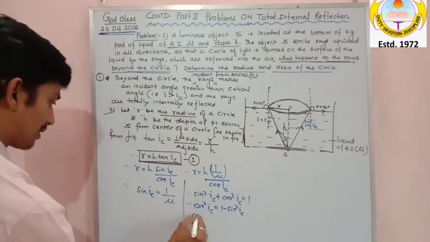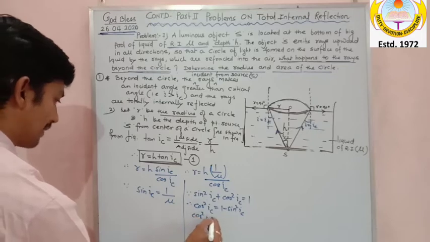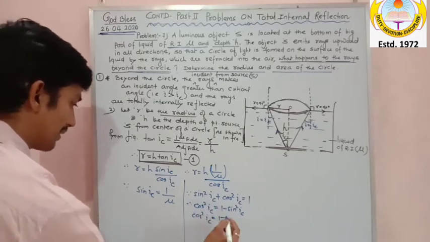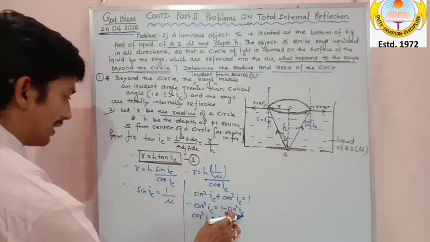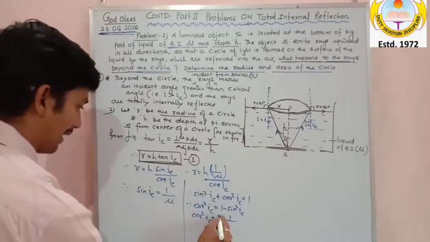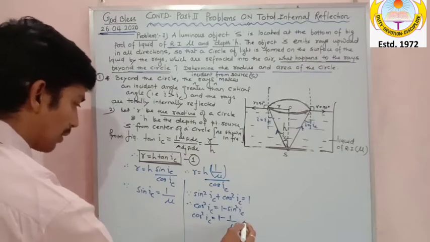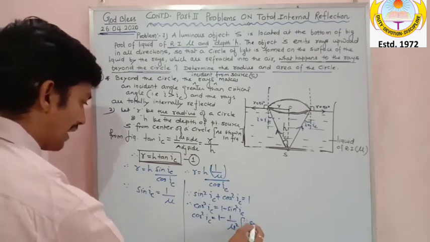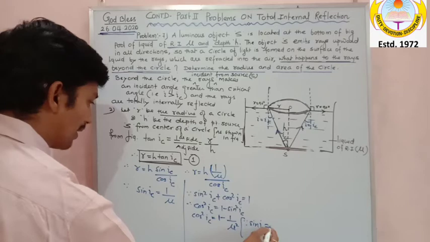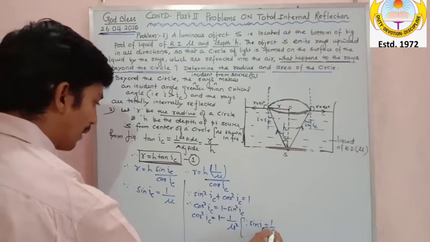So cos square IC is equal to 1 minus 1 upon mu square, because sin IC is equal to 1 upon mu.